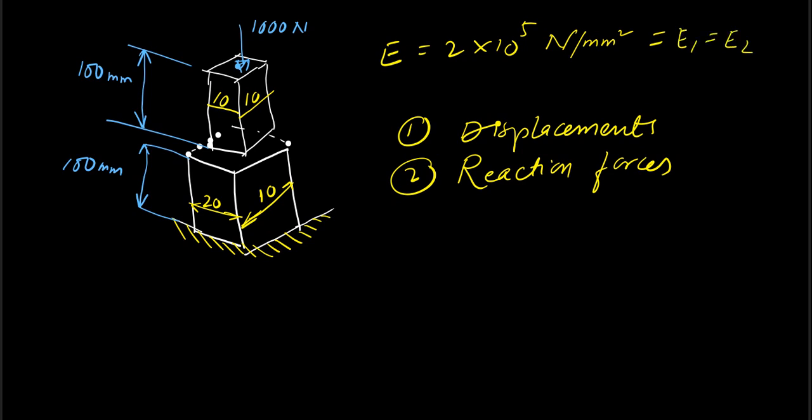Now let me say the top one is element 1, and the base is element 2. So there are two elements now. All the procedure will be the same except to find the cross section area of each element, which is a little different compared with the others.